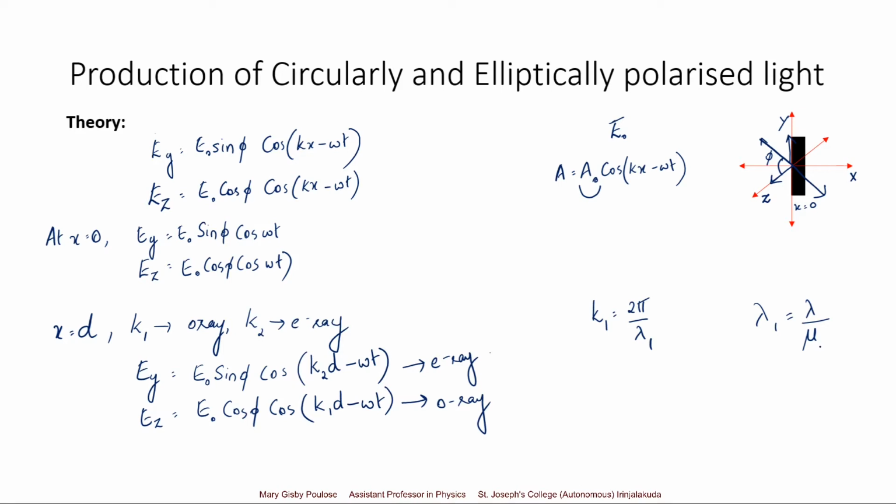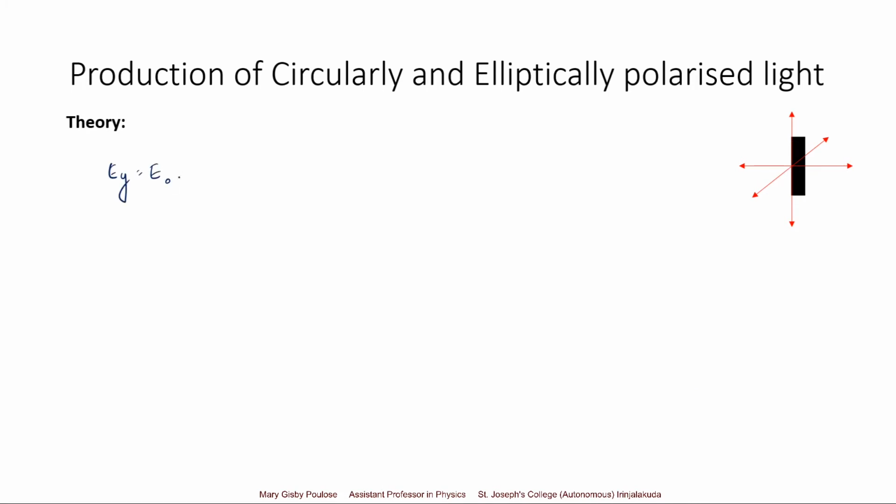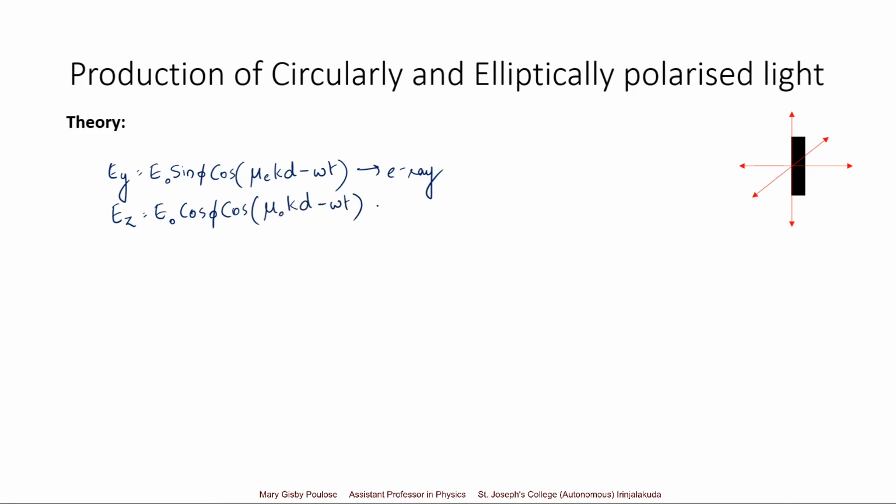Here 1 corresponds to the O ray, so lambda 1 is equal to lambda by mu O. Hence we can write k1 equal to 2 pi by lambda into mu O. 2 pi by lambda is the propagation vector in air, hence k times mu O. Likewise, k2 can be written as k times mu E. Now substituting that here, we can write Ey equal to E naught sine phi cos of (mu E k d minus omega t) for the E ray, and Ez equal to E naught cos phi cos of (mu O k d minus omega t) for the O ray.